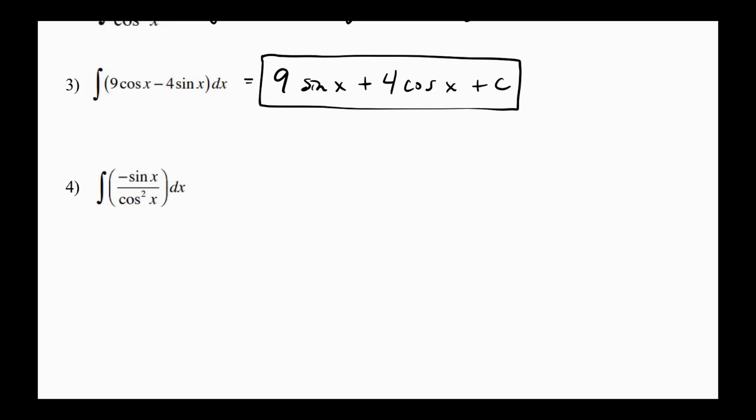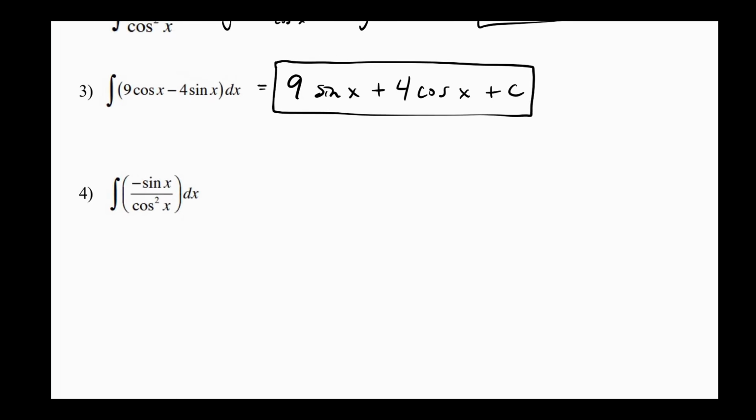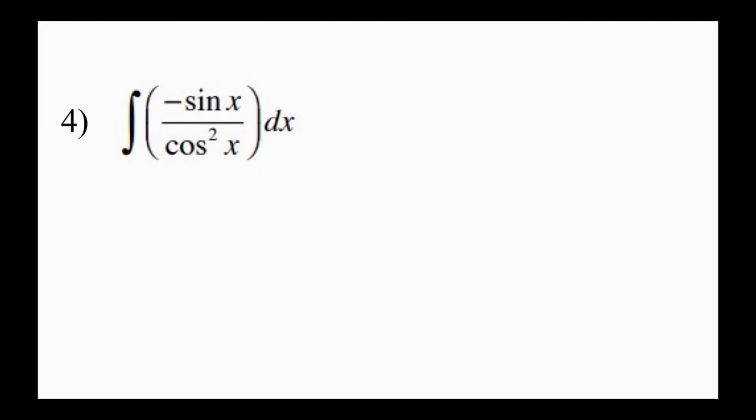Cosine squared, didn't I just do that one? So how would I manipulate this one to make it okay for me to do, for lack of a better term? What would I do to this problem so that I could do that?